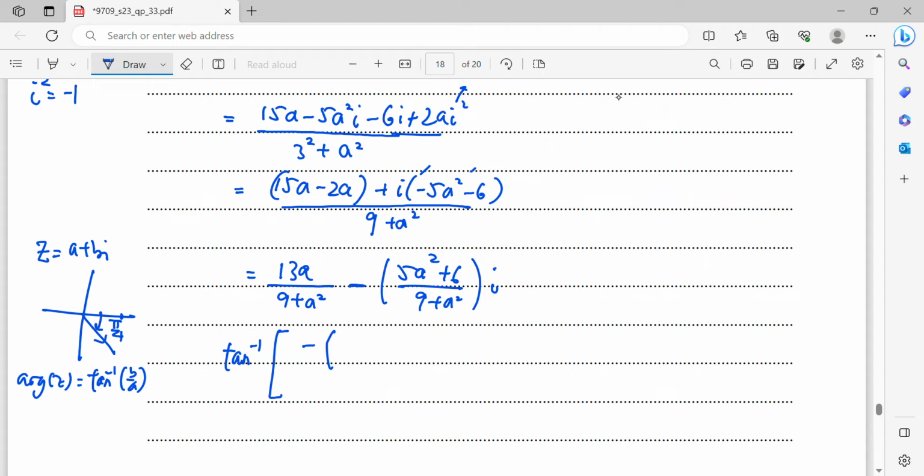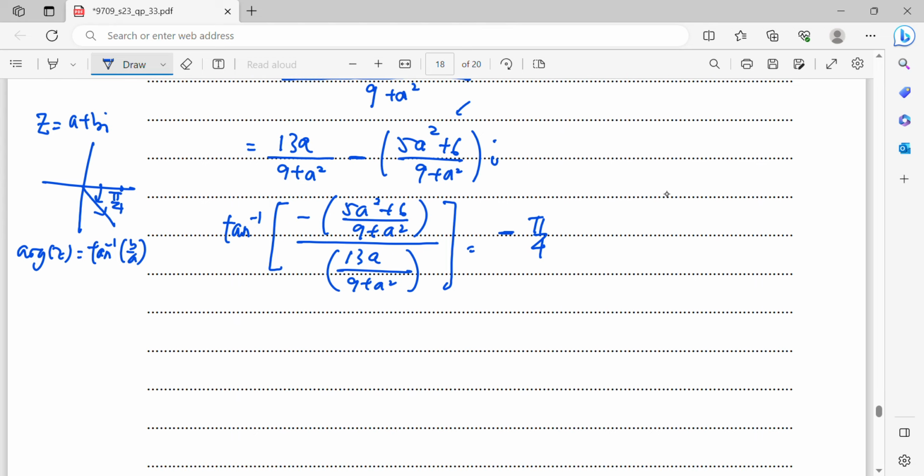Alright, so now my b is negative 5a squared plus 6 over 9 plus a squared. This is my imaginary part. So I will write negative 5a squared plus 6 over 9 plus a squared, then divided by 13a over 9 plus a squared. That will be negative pi over 4.